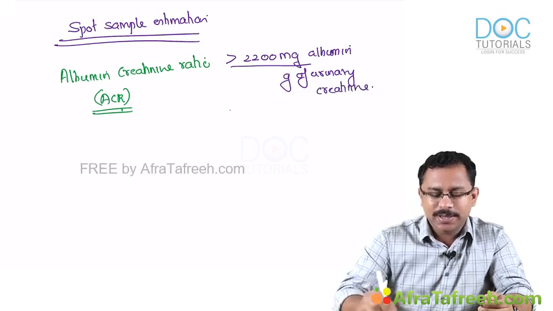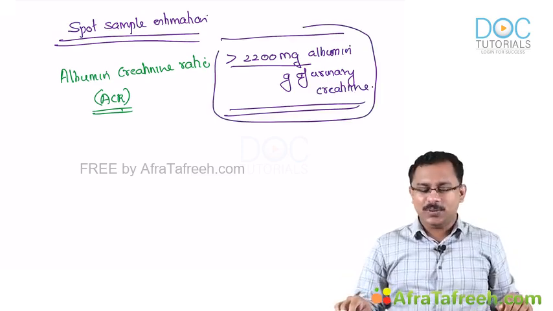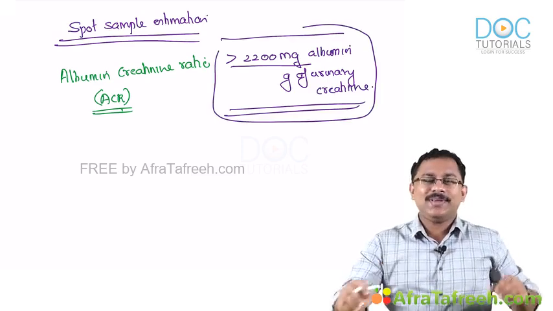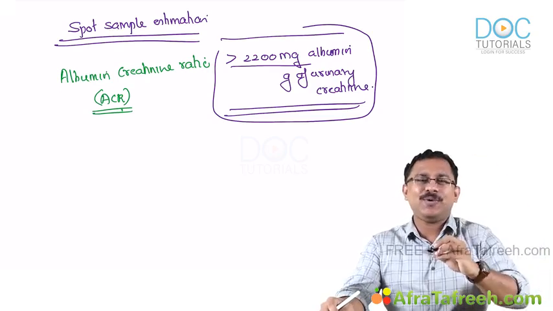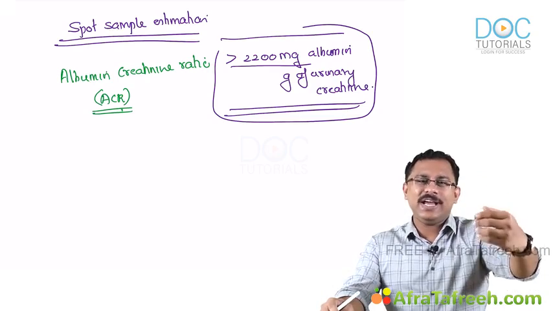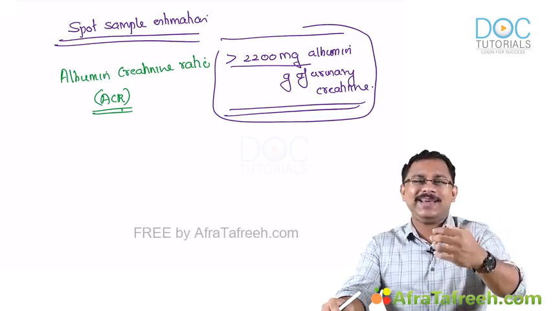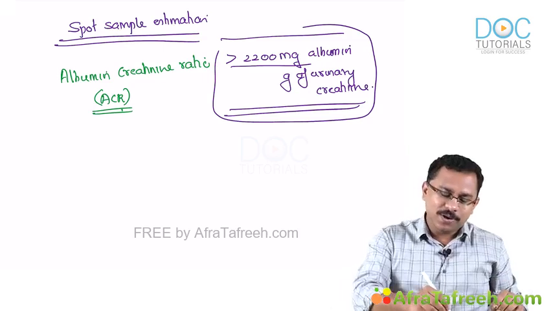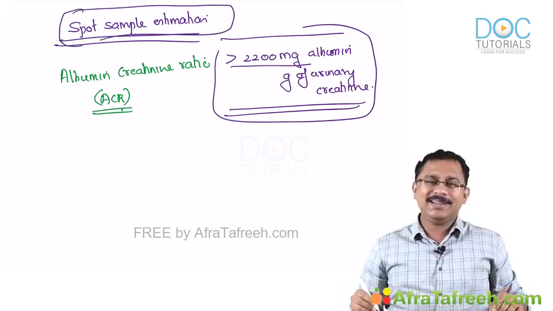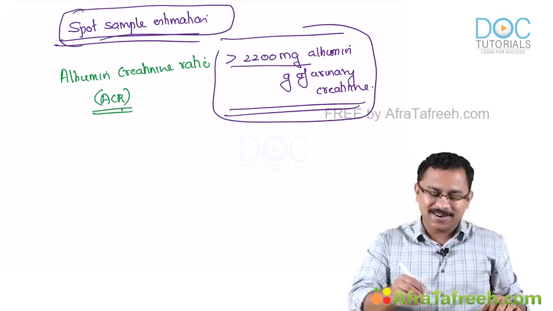that is when you say this patient has got a nephrotic range proteinuria. So either you can go for a 24-hour urinary sample and say that you have got more than 3500 milligram of protein or 2200 milligram of albumin, or you can go for a spot sample. Either you can go for the protein creatinine ratio or the albumin creatinine ratio.